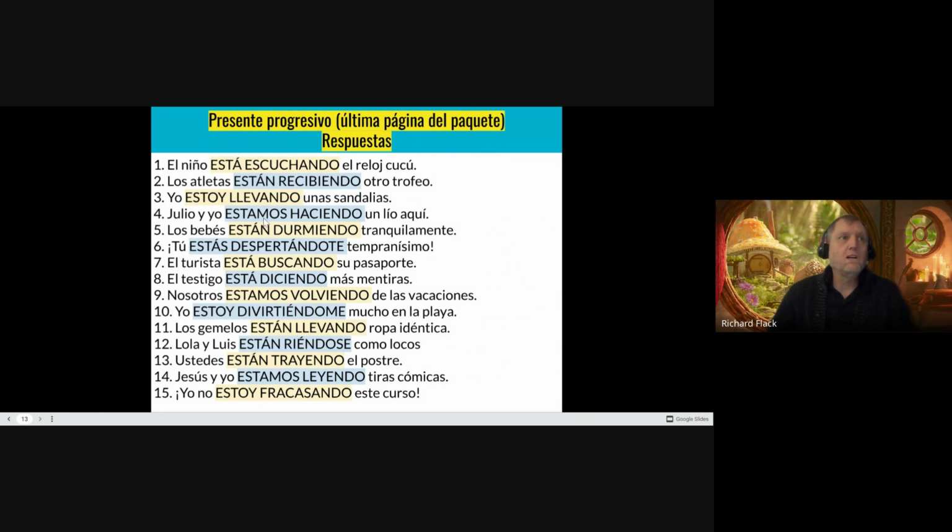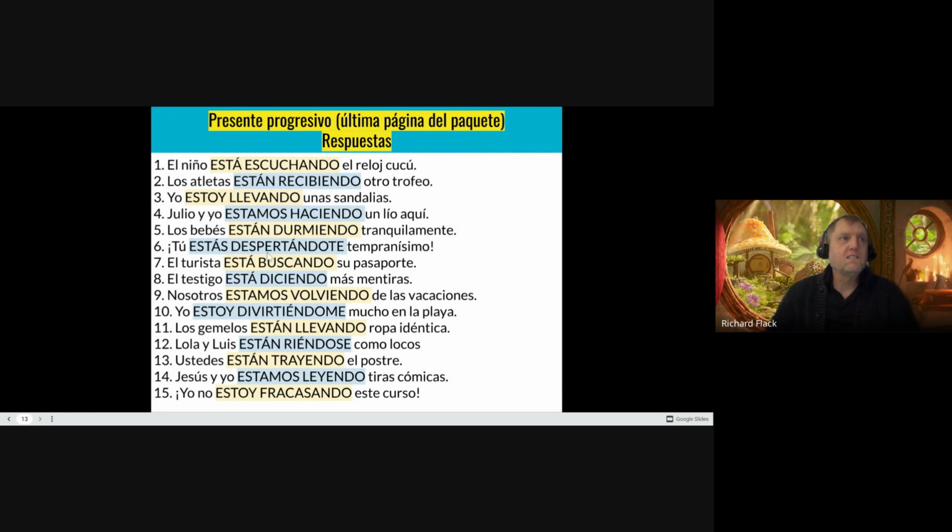Julio y yo estamos haciendo un lío aquí. Julio and I are making an effort here. Los bebés están durmiendo tranquilamente. The babies are sleeping tranquilly.